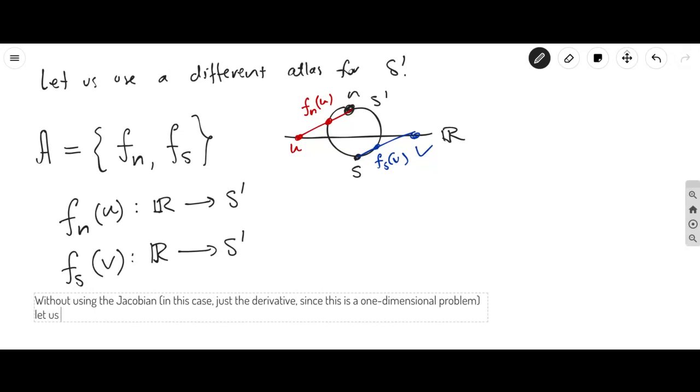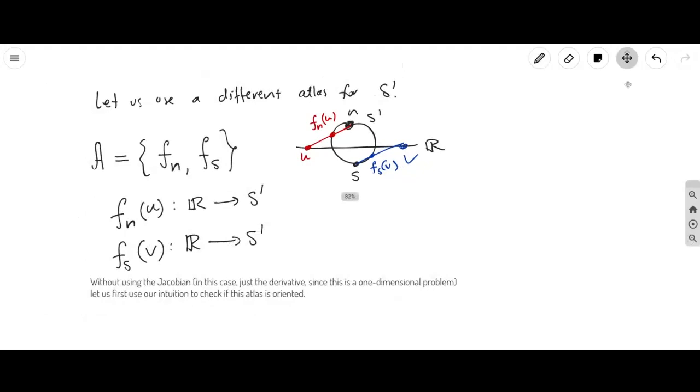Without using the Jacobian, let us first use our intuition to check if this atlas is oriented. And obviously the answer is no, because we just did an example with something that was an oriented atlas. So obviously, for learning purposes, I have to give you something that is not. Of course that's what's going to happen, but that would be cheating, right? Because you saw what happened before. Let's say I did not give the previous example.